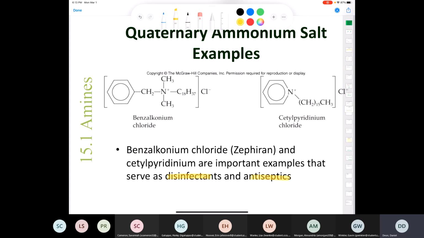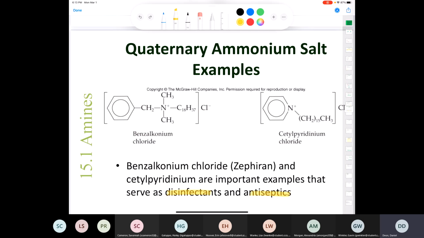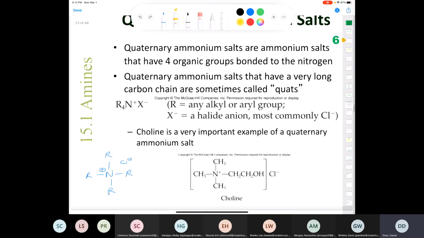But if you look at things like benzalkonium chloride and cetylpyridinium, I think it's this one here, it is found in things like Scope mouthwash. So it's used as an antiseptic in your mouth, when you rinse your mouth out. But that's generally what quaternary ammonium salts are used for.